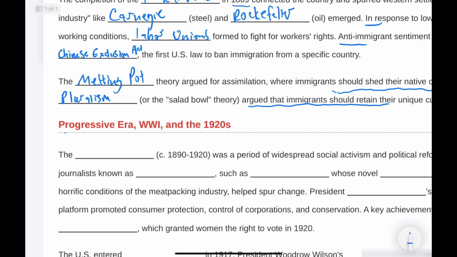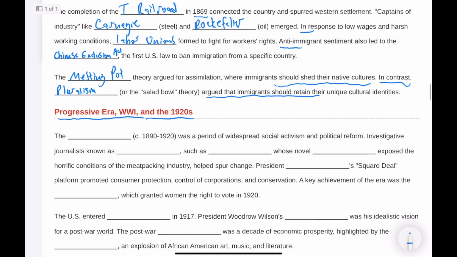Now let's move on to the Progressive Era, World War I, and the 1920s. So this right here is the Progressive Era. From 1890 to 1920, it was a period of widespread social activism and political reform.